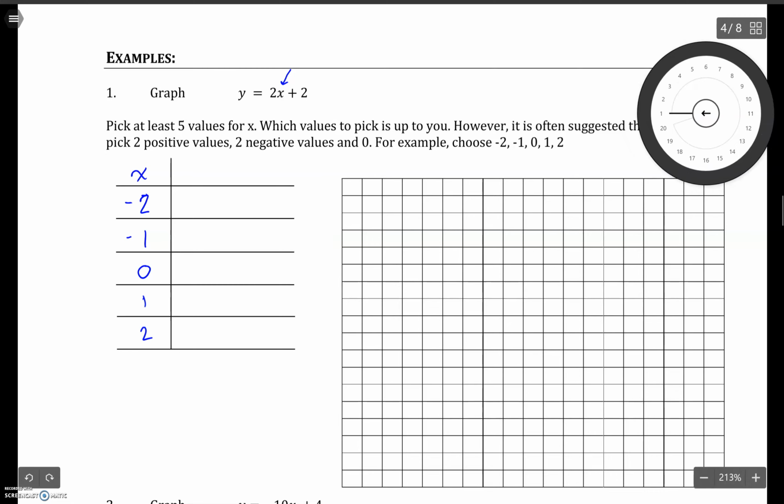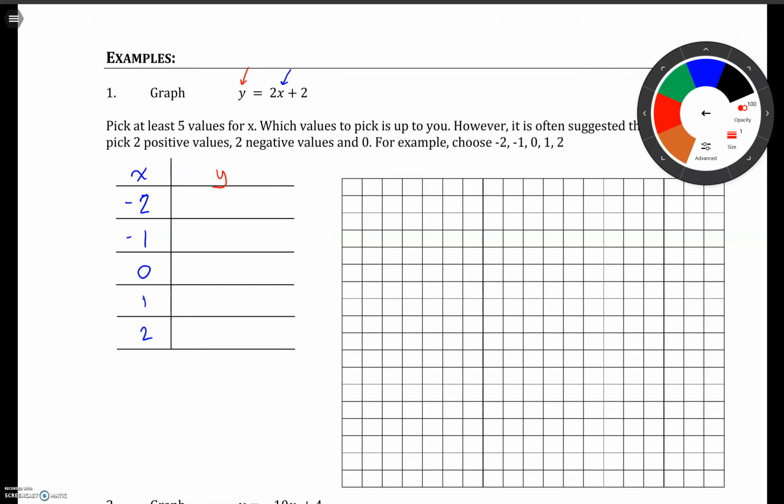Okay, and then our y, our dependent variable, is calculated using the x values that we decided on. So the y value is given by 2 times the x plus 2. For my first x value, I'm going to punch in my calculator 2 times -2 plus 2. 2 times -2 is -4, plus 2 gives me an output of -2.